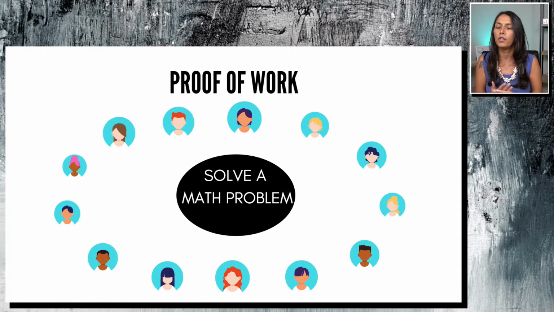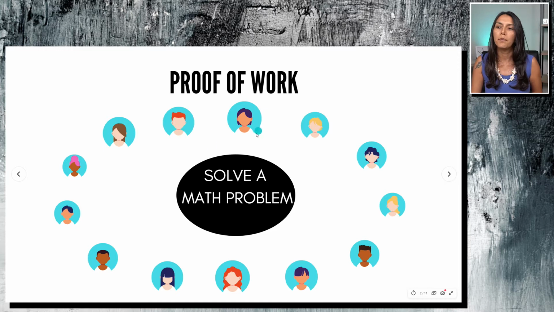The proof of work: when a transaction is made in the network, the network creates a very difficult mathematical problem, super hard, that only computers can solve. So what happens here is that we have all these people connected to the blockchain, and they are all competing to solve the mathematical problem.